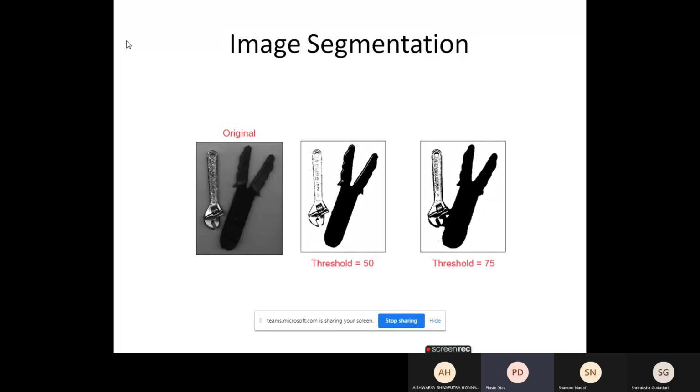One picture we had seen shows how the original image may get affected by varying the threshold. For threshold 50, how the picture was looking, and for 75, there may be a closer combination of those two components. A question arises: how to decide this threshold value?